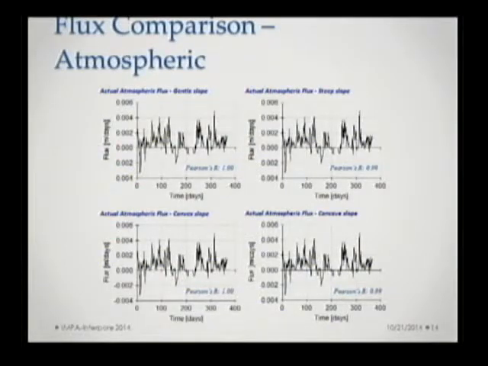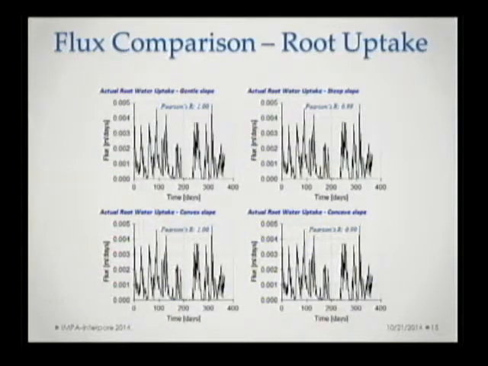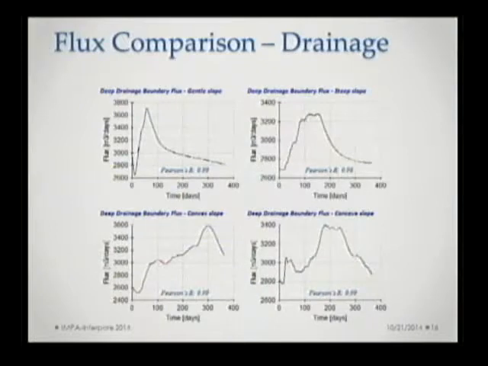And you can also see that for all 4 cases, the flux pattern was the same. And this was the same thing with the root water uptake from the vegetation also, right? But then as we go to the bottom boundary fluxes, the patterns changed, but you still have good match across scales.